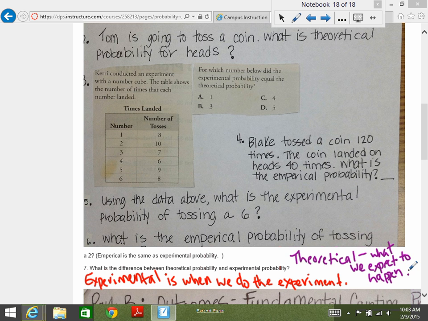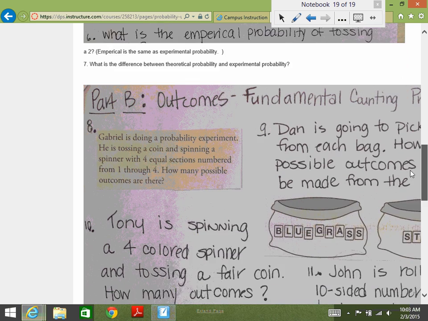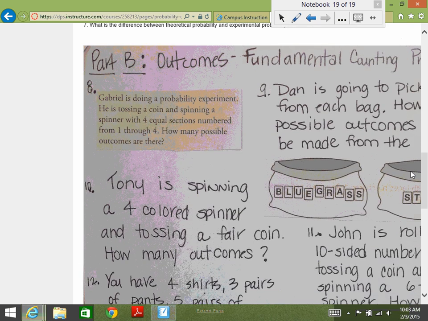All right. Let's flip over, go to the next page. Okay, it says outcomes. Fundamental counting principles. So we're not doing probability in this next section. Probability requires what kind of answers?